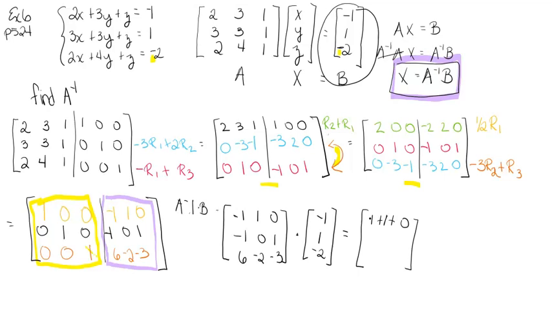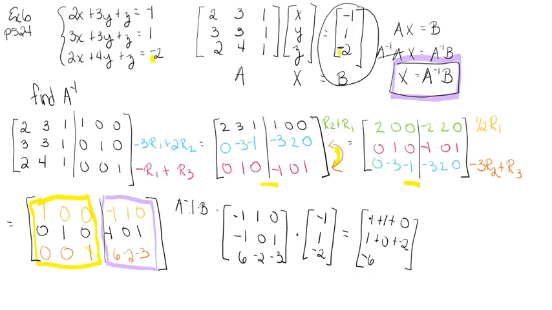And then I'm going to take row 2 here, and I'm going to multiply it by the column. So -1 times -1 also gives me a 1. 0 times 1 gives me a 0. And then 1 times -2 gives me a -2. And then I'm going to do the third row by the column now. 6 times -1 gives me -6.